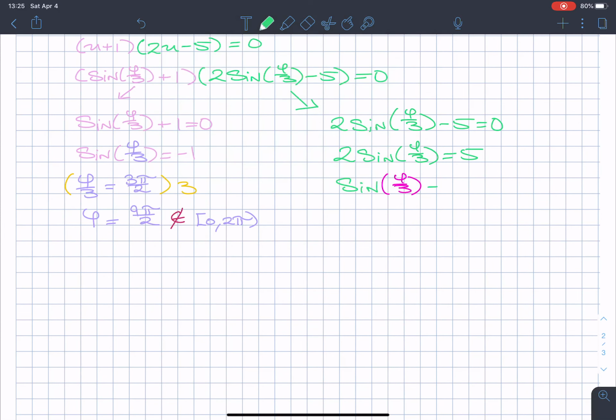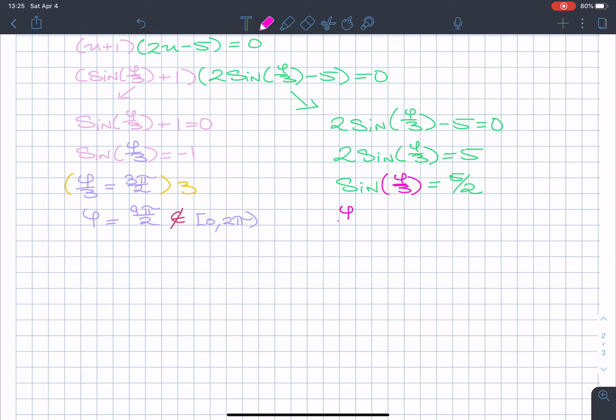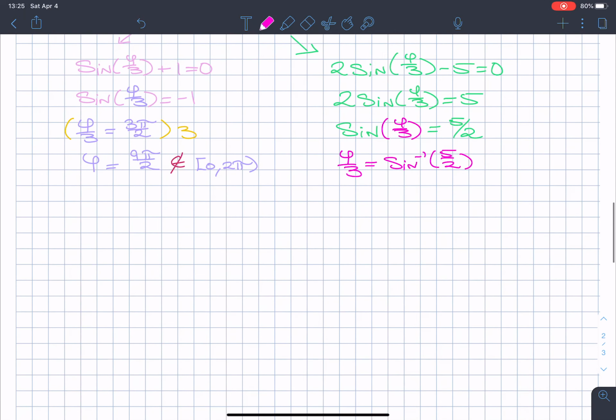Well, that's not on my unit circle. But I know that phi over 3 will be inverse sine of 5 over 2. Okay. Is there another possible solution?